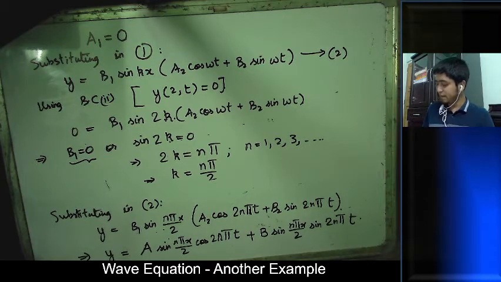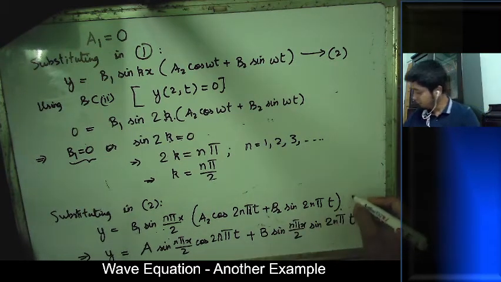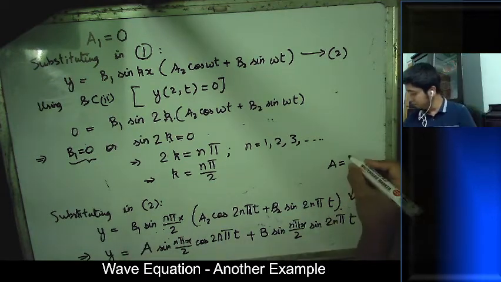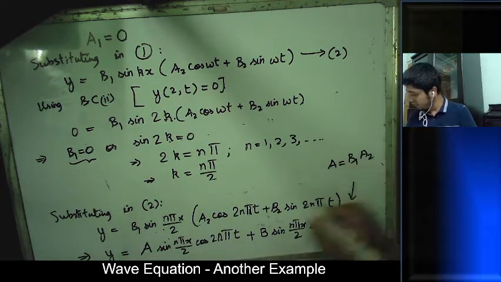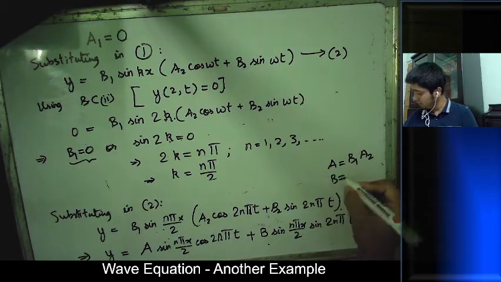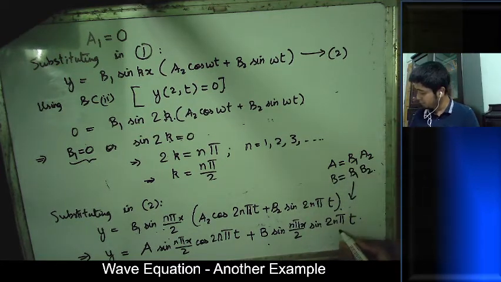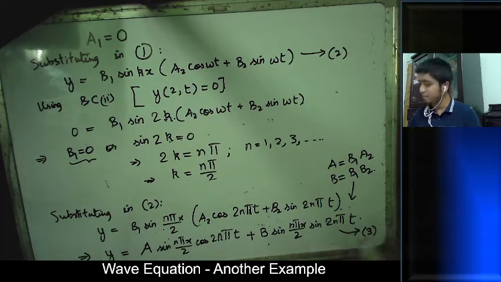So this is what we are having, and note that the constant a is b1 a2, and the constant b is b1 b2. Take this as equation 3.